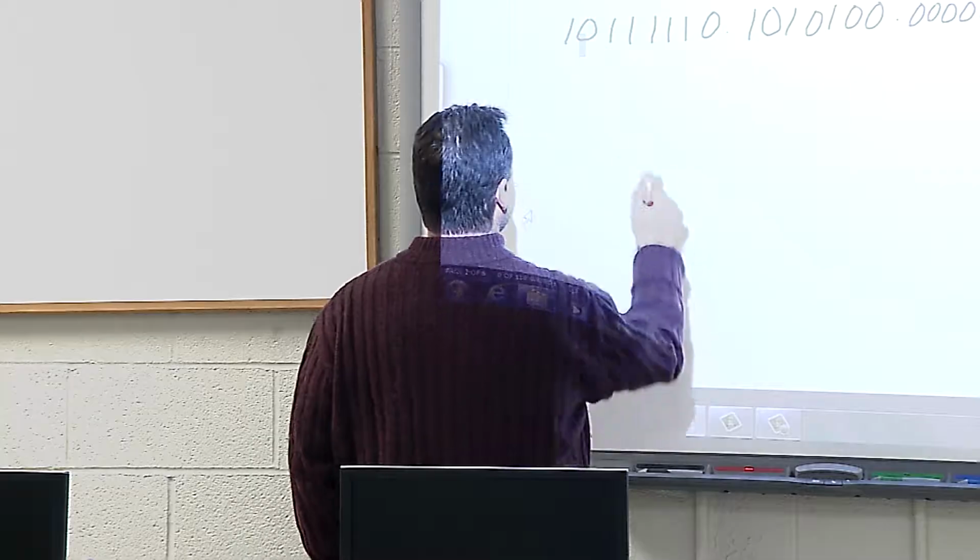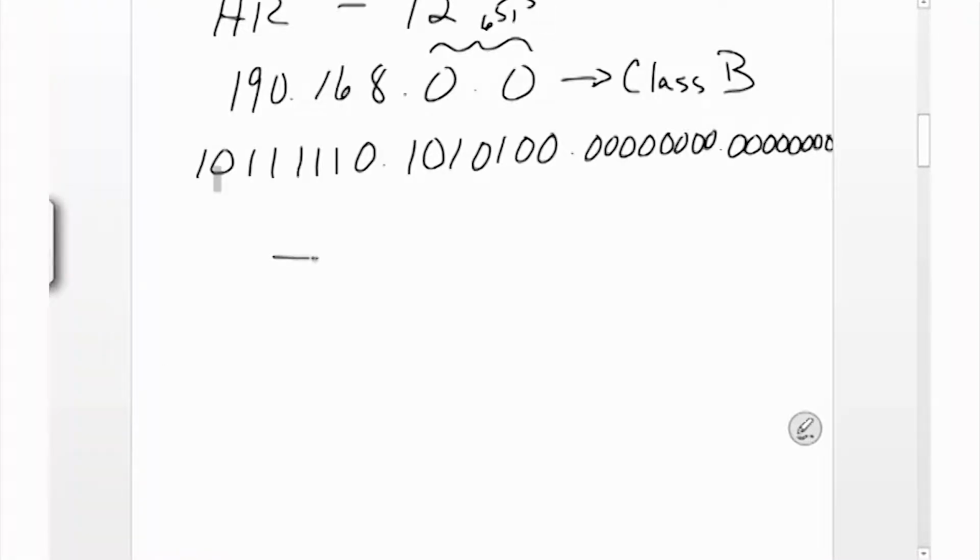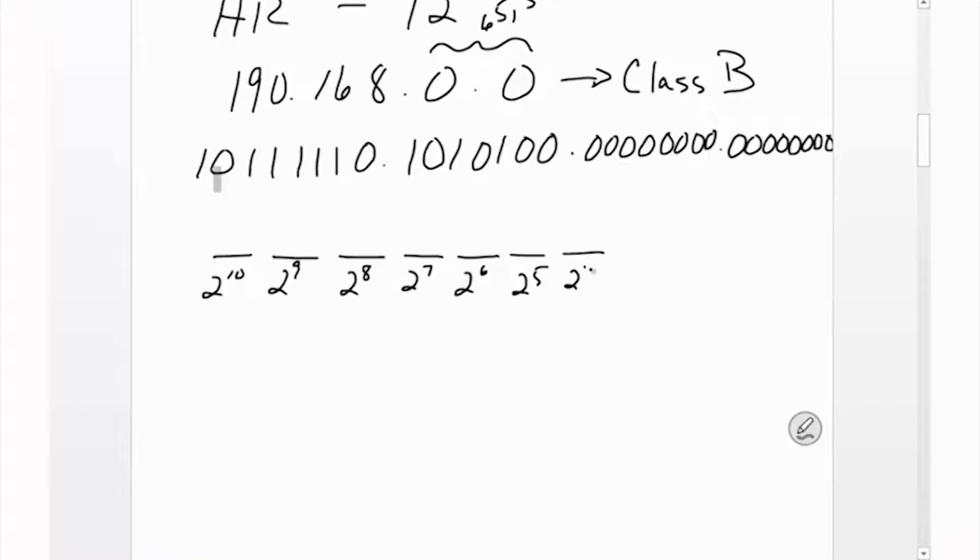We'll say 2 to the 9th, 2 to the 8th, 2 to the 10th, 2 to the 7th, 2 to the 6th, 2 to the 5th, 2 to the 4th, 2 to the 3rd, 2 squared, 2 to the 1, and 2 to the 0.